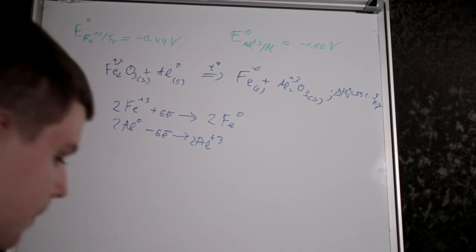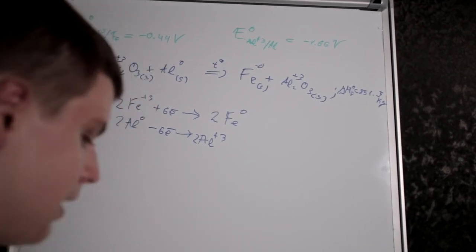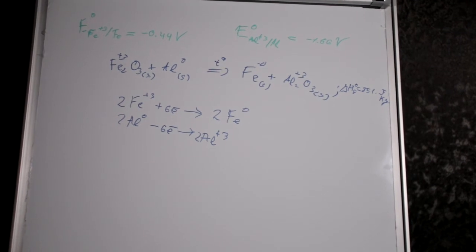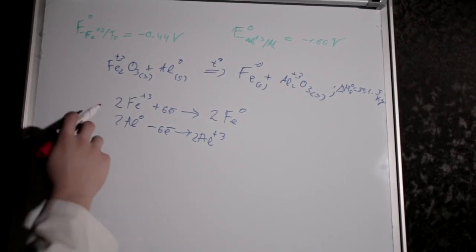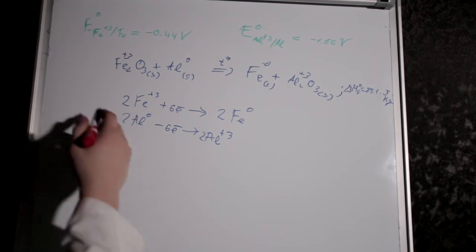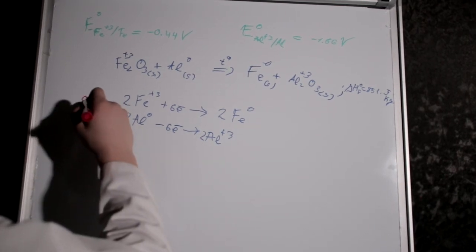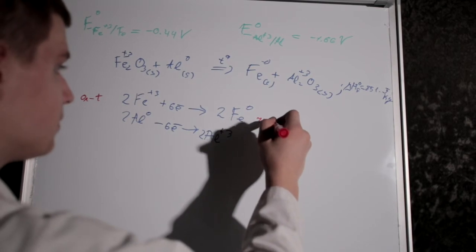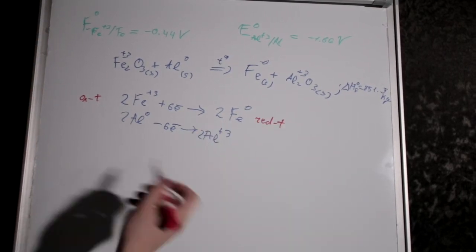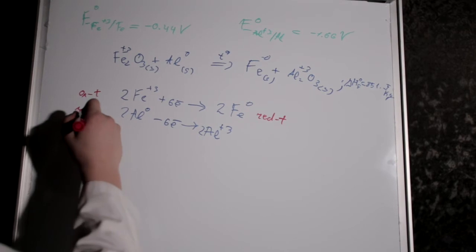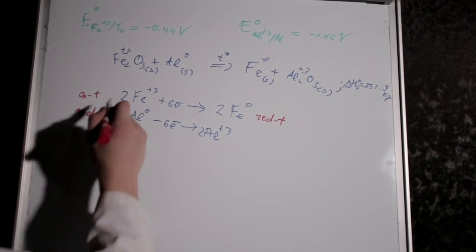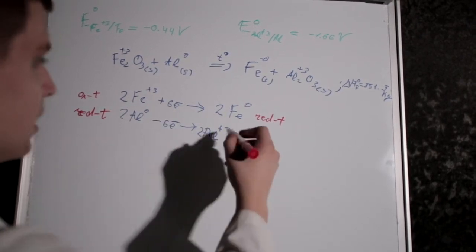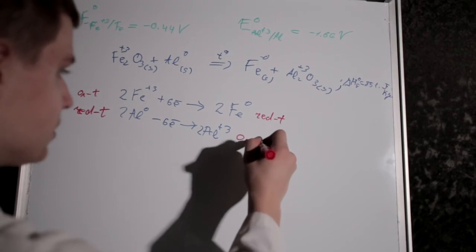Okay, so let's write down that the iron in this case is an oxidant, and it became a reductant. And the aluminum was a reductant, of course, because it reduces the iron, and it became an oxidant.